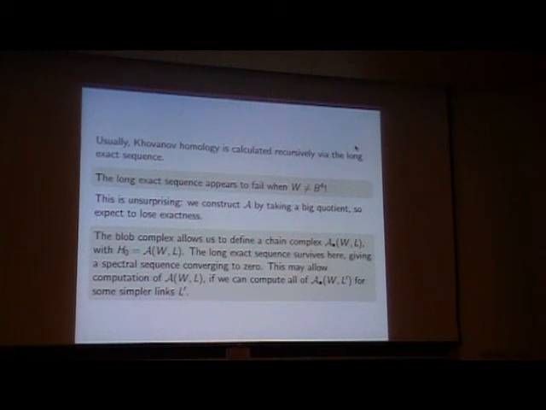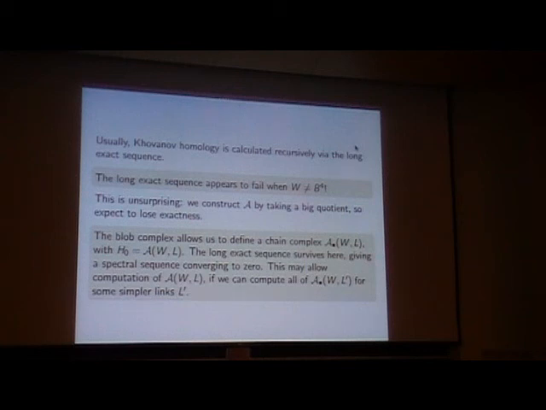And this idea of a variation of the definition of A of W that preserves exactness was exactly the motivation for Kevin to first start thinking about the blob complex. So in fact, this is actually the motivation, even though historically maybe they're going to appear in print or like that.